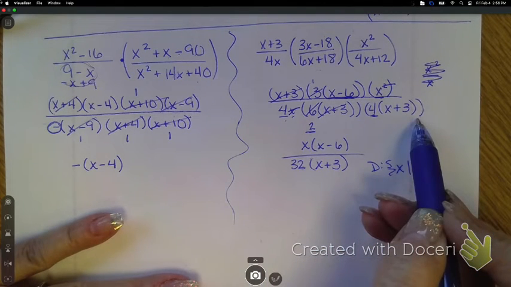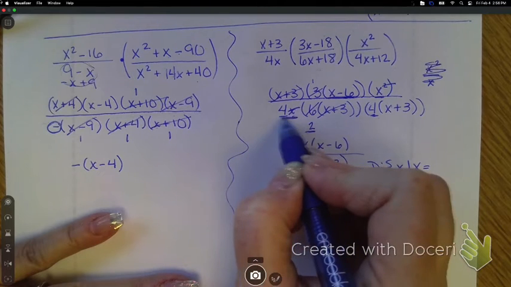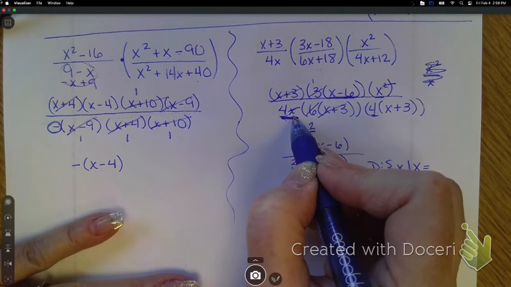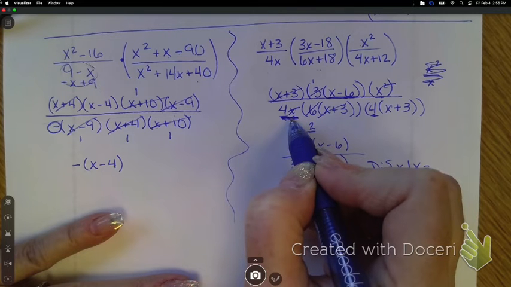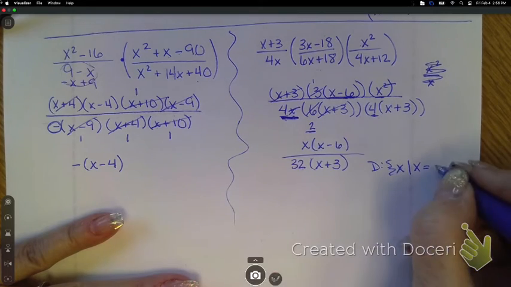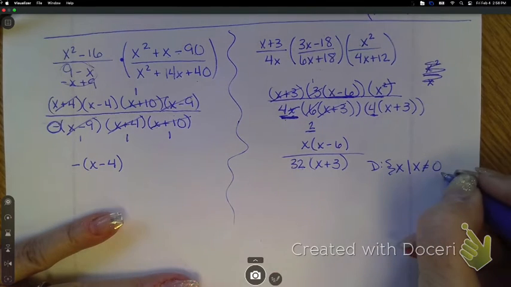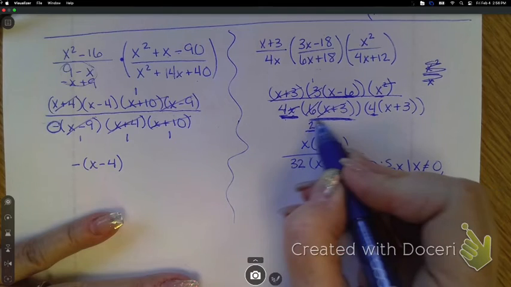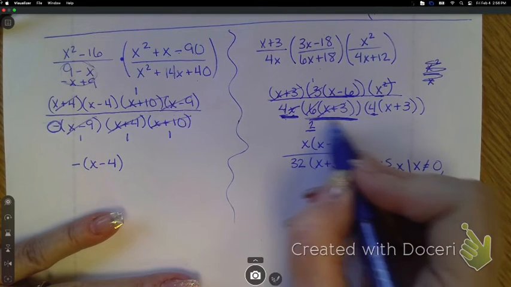Got it? So what can't x be here? 4 times what? X. So what can't x be? 0. Thank you. It can be negative 4 because it's multiplication. So it can't be 0. What can x be here? Negative 3.